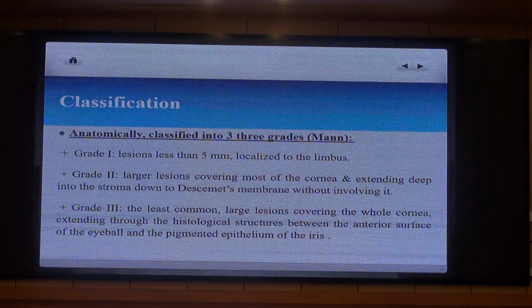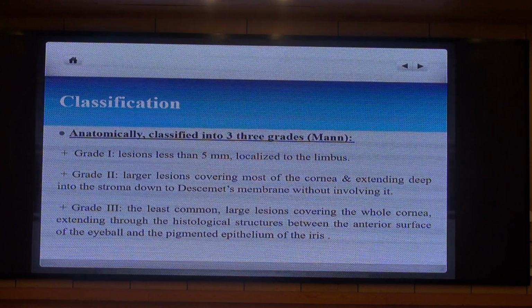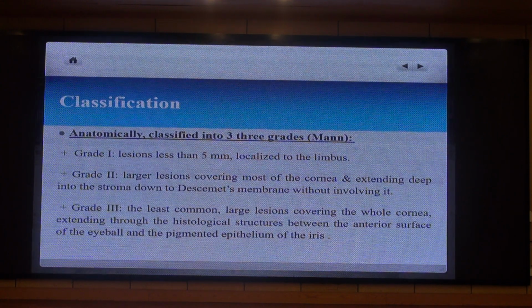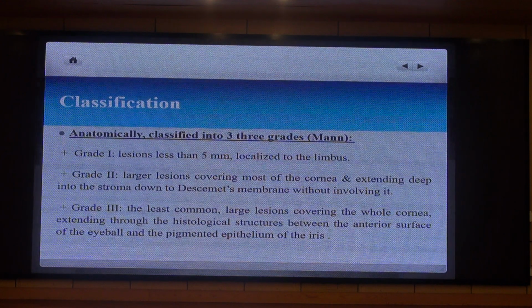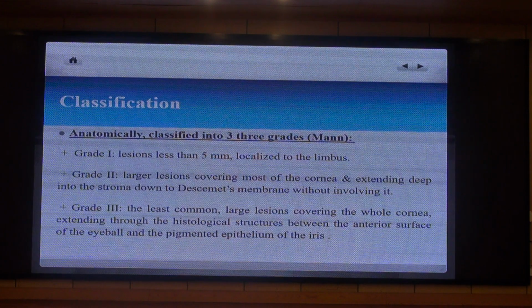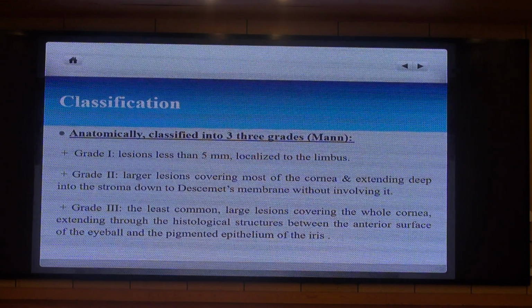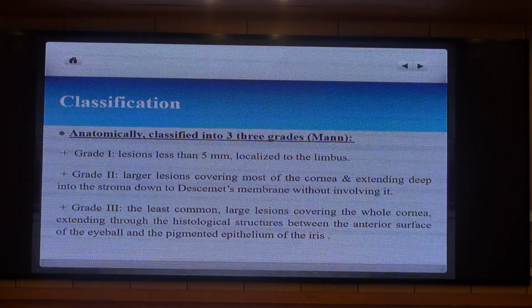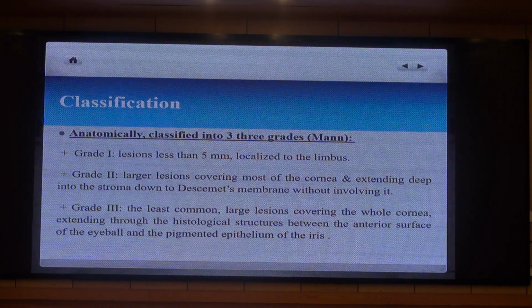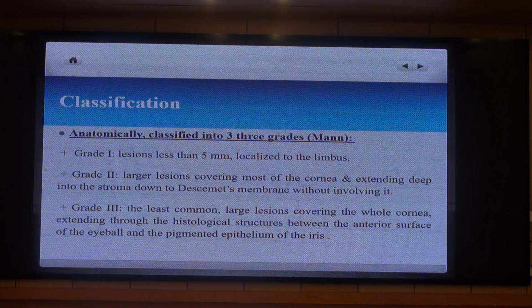Grade 2 is a larger lesion covering most of the cornea, extending deep into the stroma down to Descemet's membrane without involving it. And grade 3 is the least common, with a very large tumor covering the whole cornea, extending to the structures between the anterior surface of the eyeball and the pigmented epithelium of the iris.